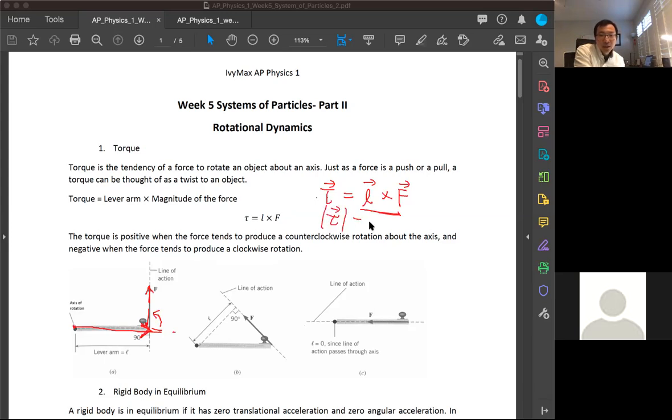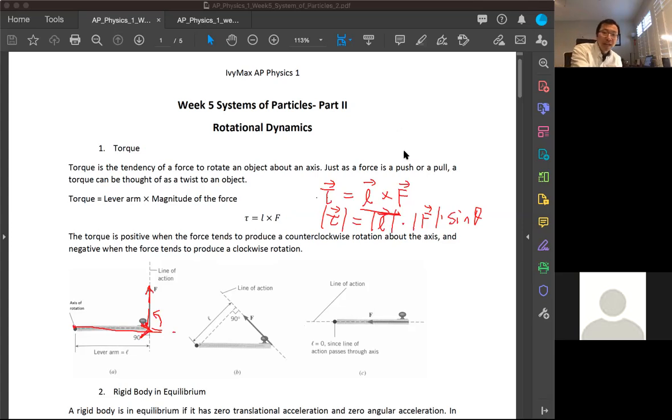The magnitude is L, the magnitude of the first vector, times the magnitude of the second vector, times the sine theta. Theta will be the angle in between.